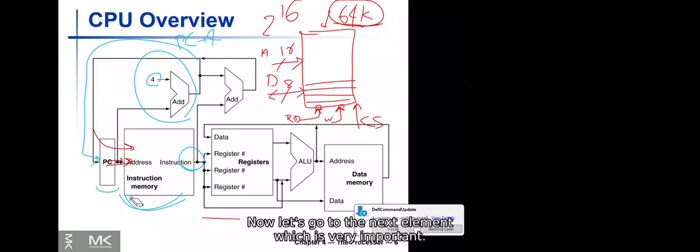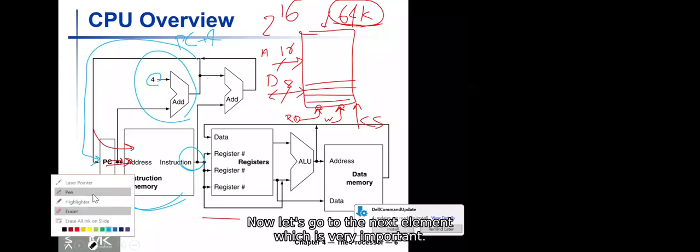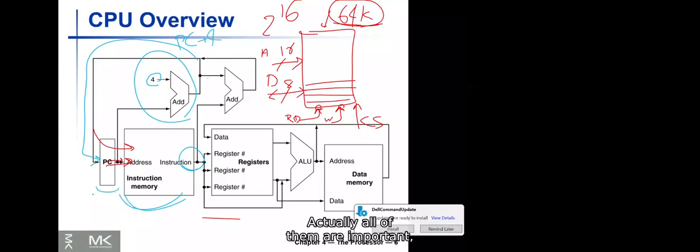Now let's go to the next element, which is very important. Actually, all of them are important, which is the register file. This register file, as we know, has 32 registers, and each register is 32 bits, okay?